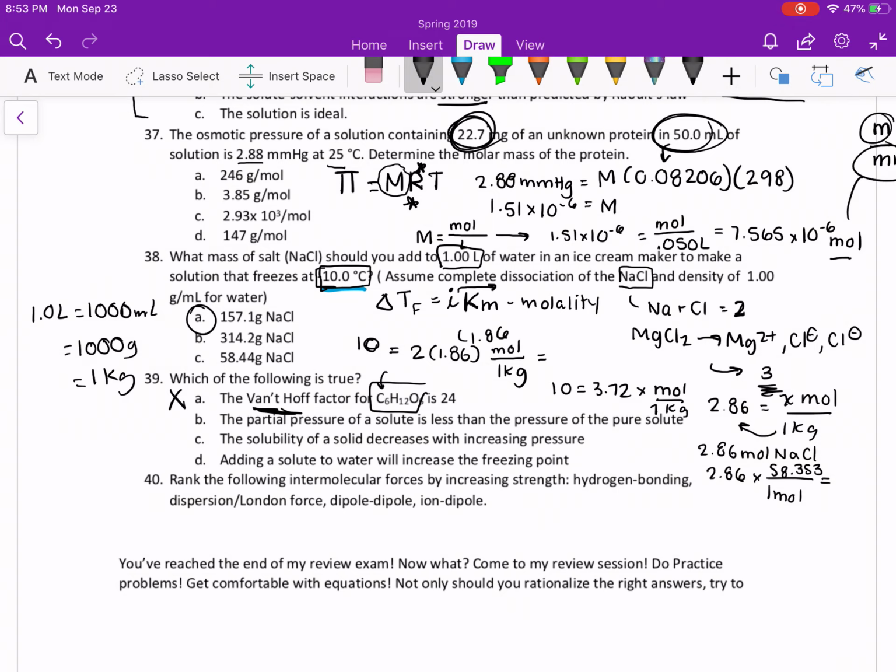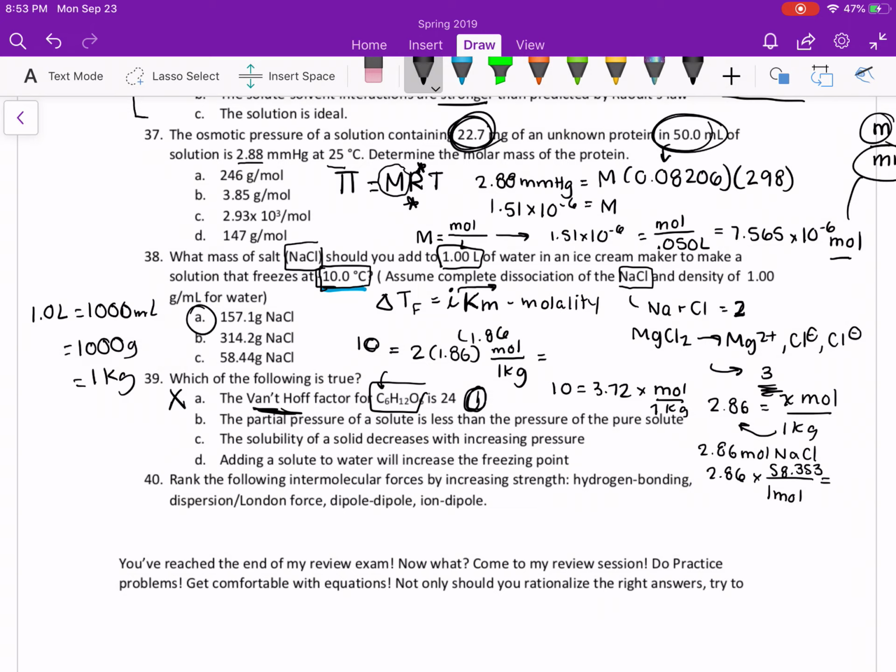You can have covalently bound compounds like HCl that do, but these won't. So just think of what's soluble in water. There are solubility tables, but for the most part it's going to be something like NaCl or some sort of ionic compound. So this is actually going to be a Van't Hoff factor of 1 because it dissolves into 1 particle.